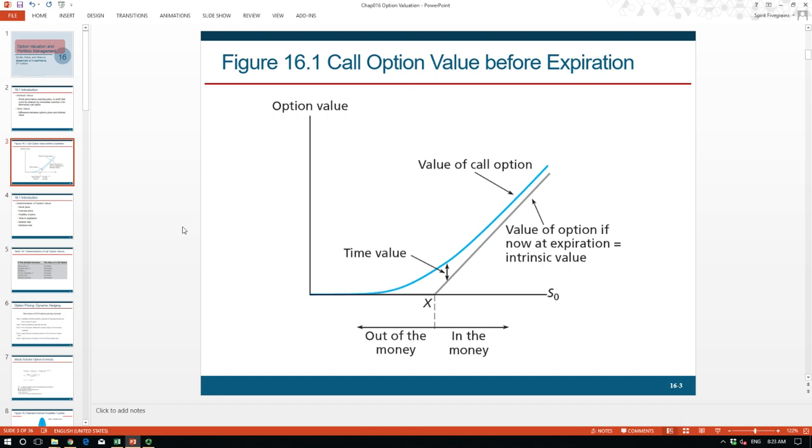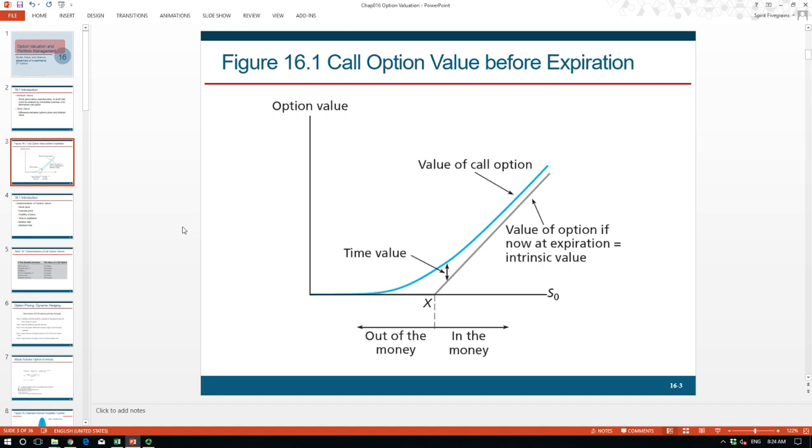So the payoff of an in the money option follows this gray 45-degree line. It is equivalent to the difference between the stock price and the exercise price. For the out of the money option, the investor doesn't need to exercise the option, because exercising the option means losing money, but the option is a right that the investor has, and he or she doesn't have to exercise it.